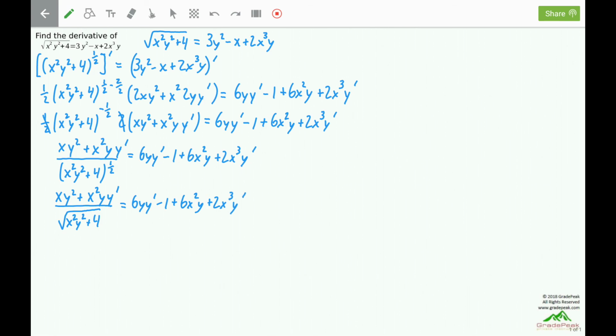All right, in the next step, I'm now going to take this square root and multiply it to the other side and distribute it to each of those terms. That removes the fractions because we no longer have a denominator.